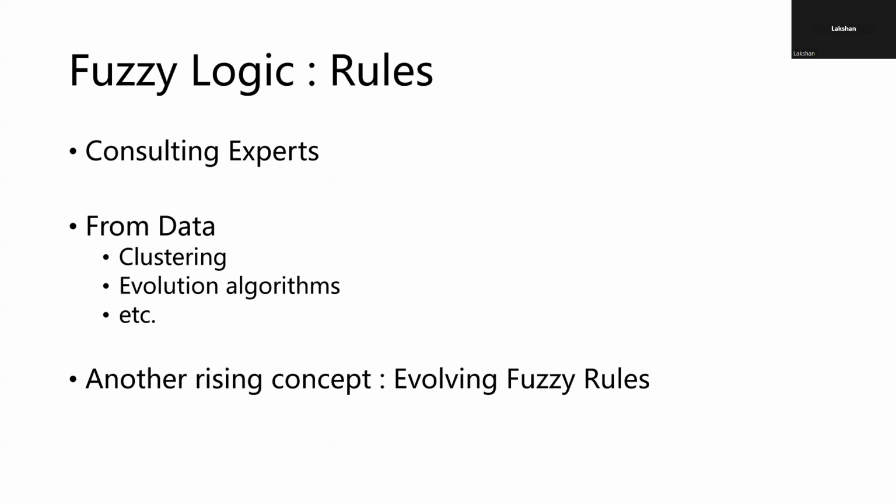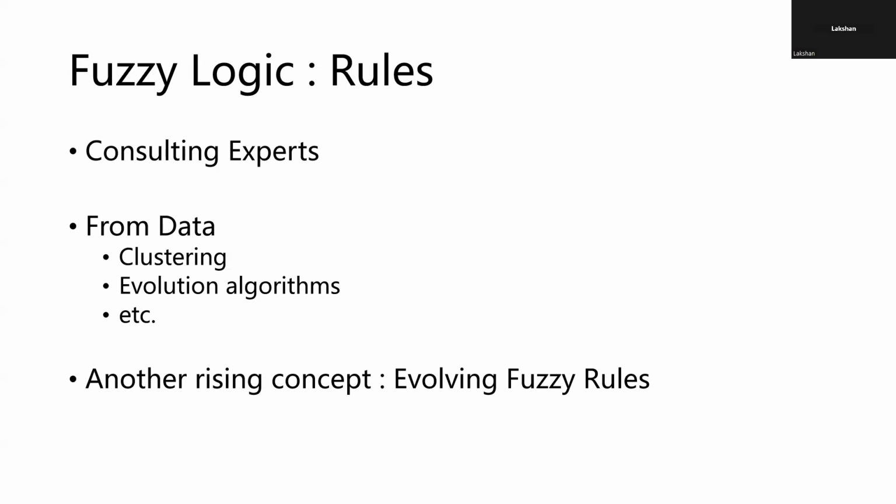Then using traditional machine learning techniques like clustering and evolving algorithms, you find these rules. Another rising concept is evolving fuzzy rules.